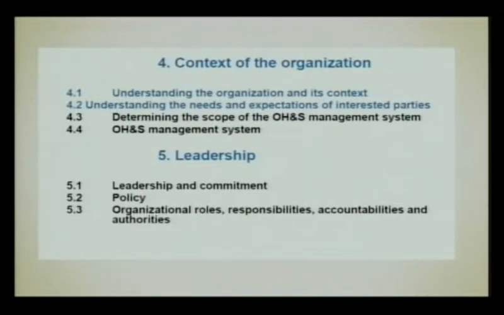The understanding the organization and its context would mean that you find out the external and internal issues that could affect the organizations and base your management systems to make sure that the organization continues to sustain in wherever it is situated. Understanding the needs and expectations of the interested parties would mean that you provide evidence, you consider all stakeholders of an organization, you understand what they need and what their expectations are.